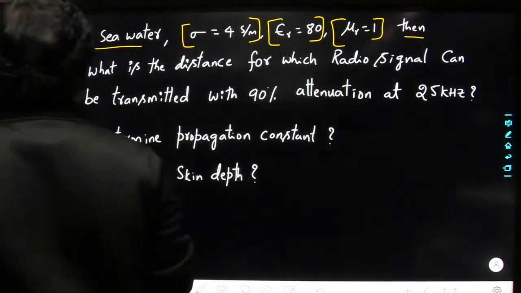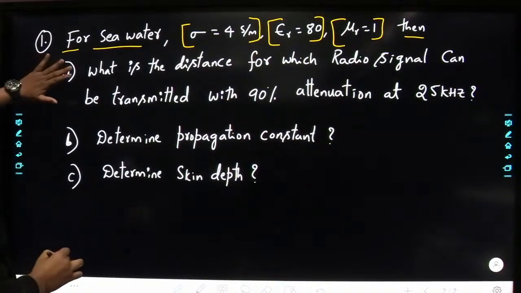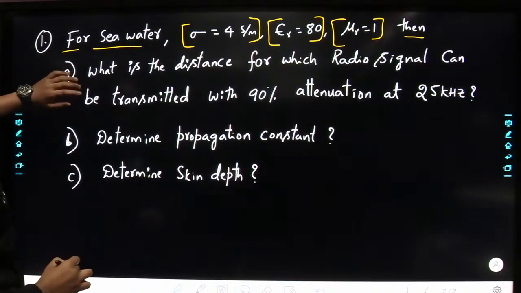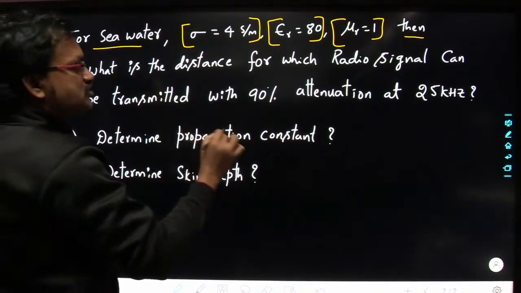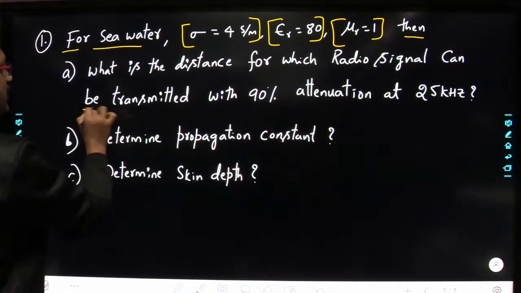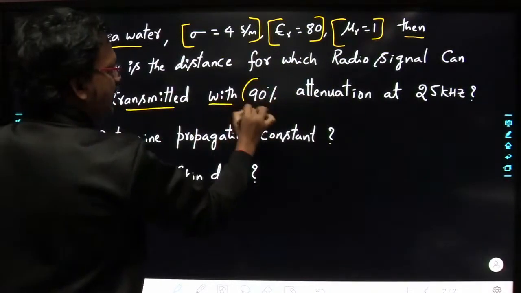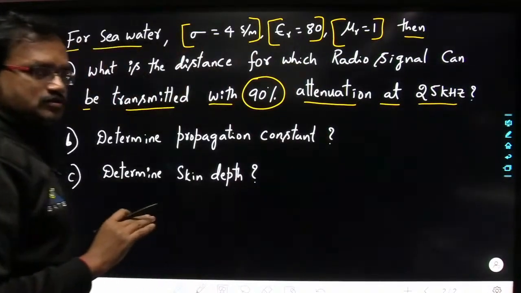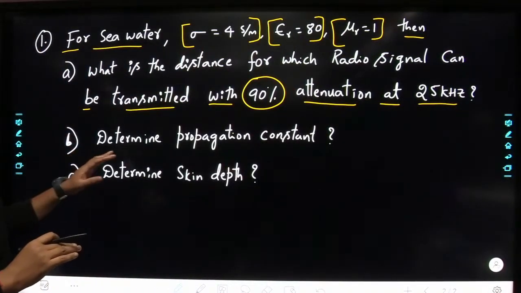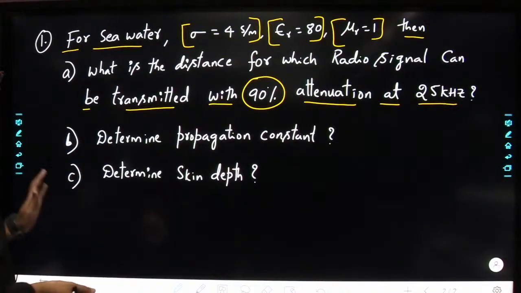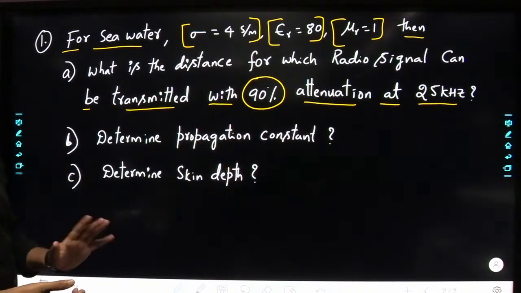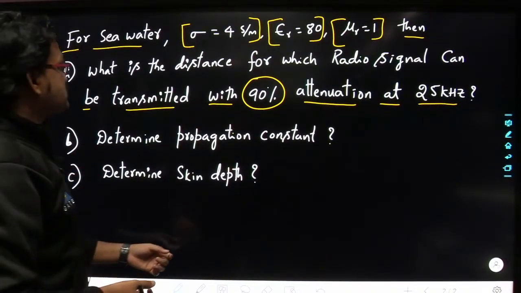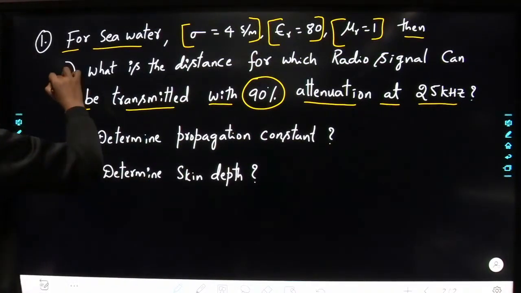Then in question A, they are asking what is the distance for which a radio signal can be transmitted with 90% attenuation at 25 kHz. In B, they are asking to determine the propagation constant. In C, they are asking to determine the skin depth. Okay, so first of all, concentrate on A.